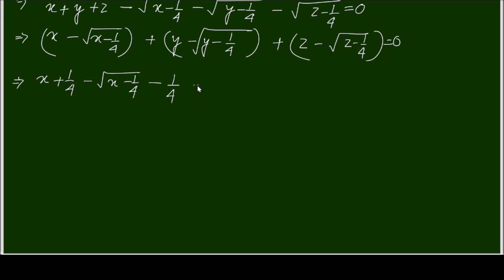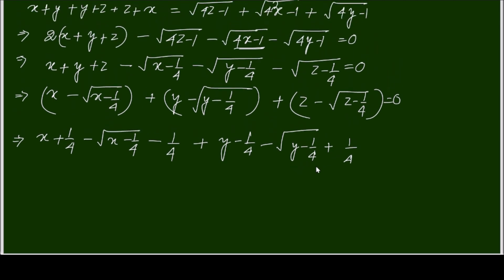In the same way, the second term will be y minus 1 by 4 minus square root of y minus 1 by 4, plus 1 by 4, and the last one will be z minus 1 by 4 minus square root of z minus 1 by 4, plus 1 by 4.